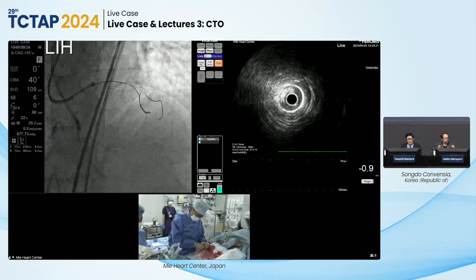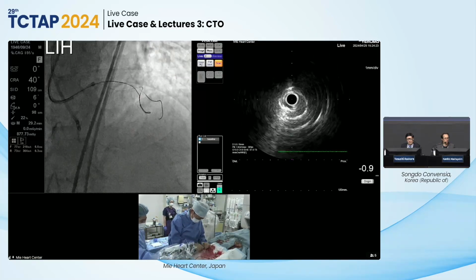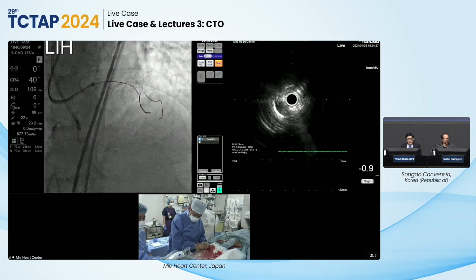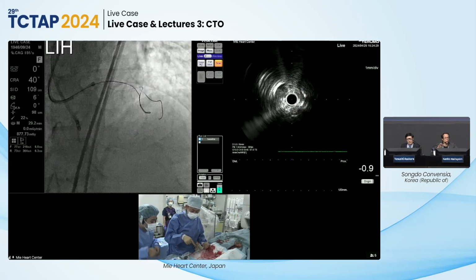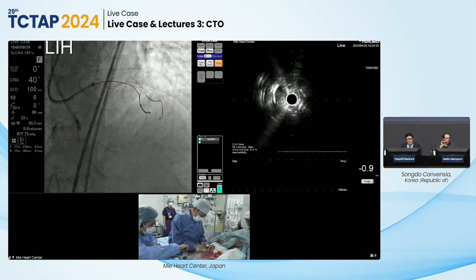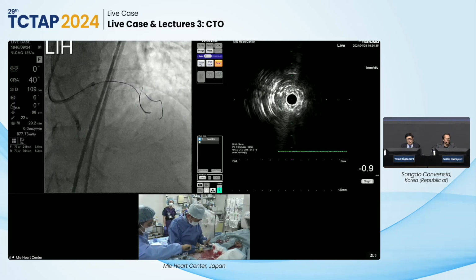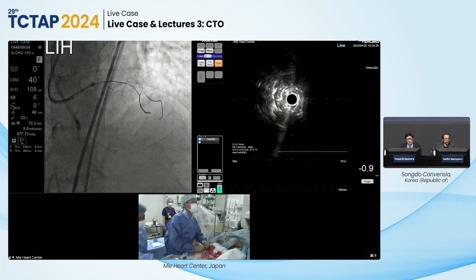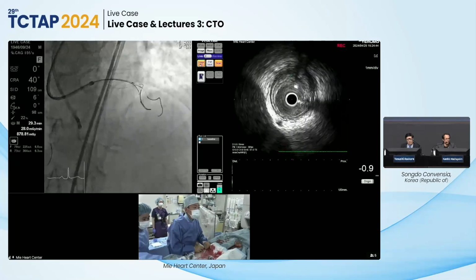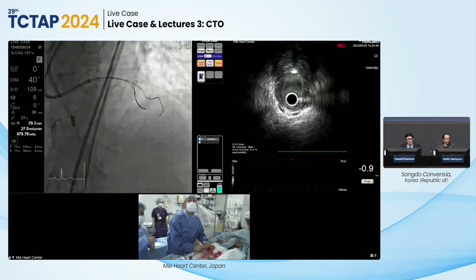Whatever you do when you touch the landing zone, the flow might crash, and then you think the CTO is longer than it is, and you might end up in more hematoma there. Therefore, I think the threshold, if the collaterals are good, to change to retrograde after getting an antegrade wire down is quite low.